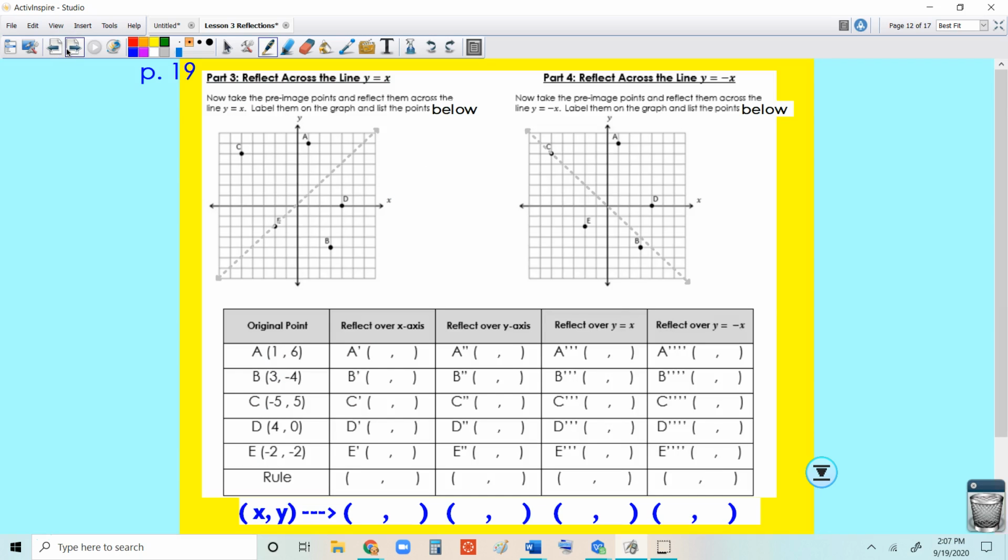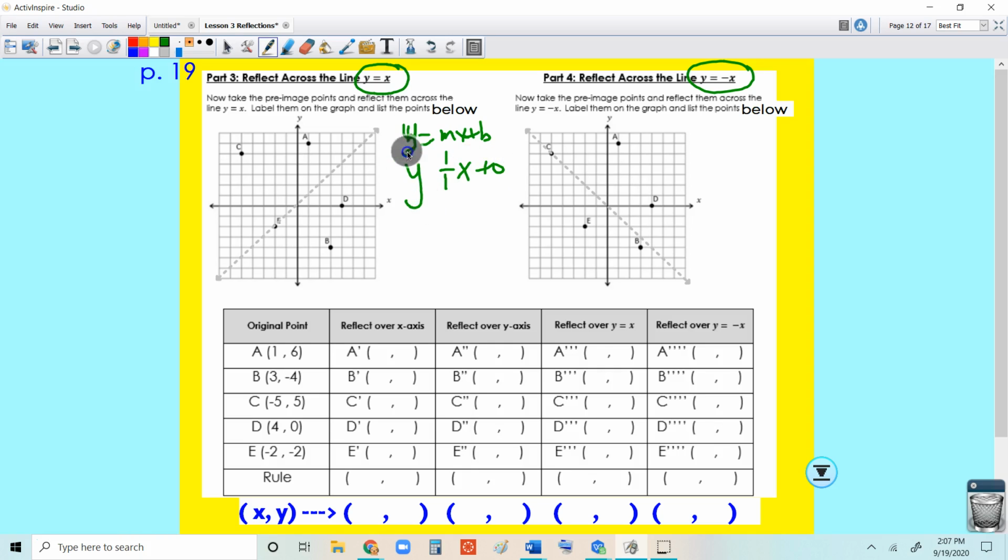Okay, there's 2 more explorations. One is when we reflect over the line y equals x, the other's over the line y equals -x, right? So this is just saying if we said y equals mx plus b, the slope is 1 over 1 and b is 0.